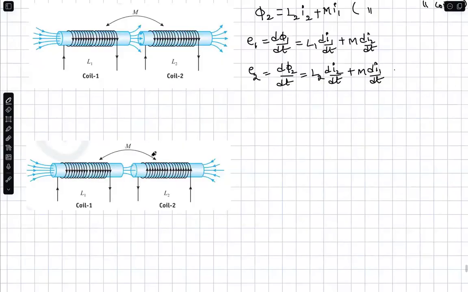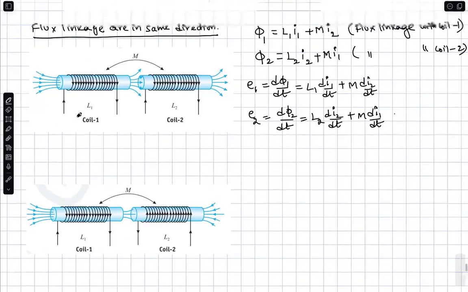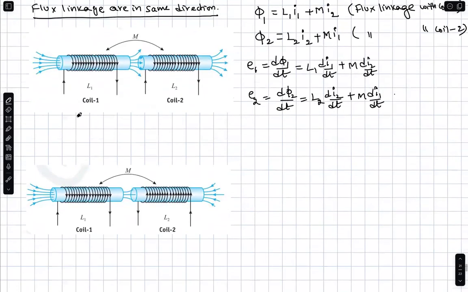In this particular zone, the fluxes are against one another. So what I've written here, flux linkages are in the same direction, now becomes flux linkages are in opposite direction.